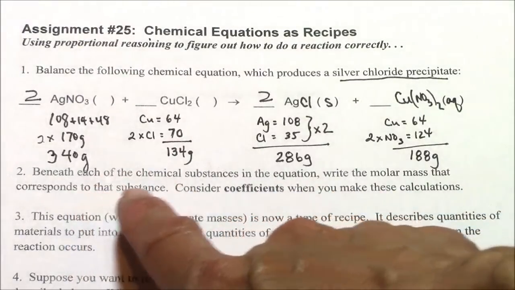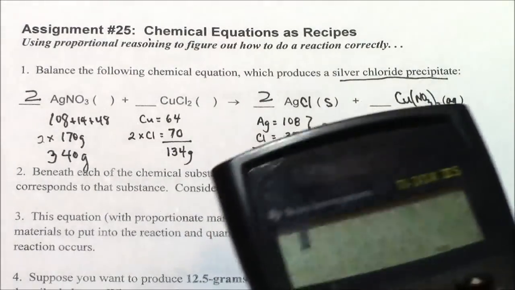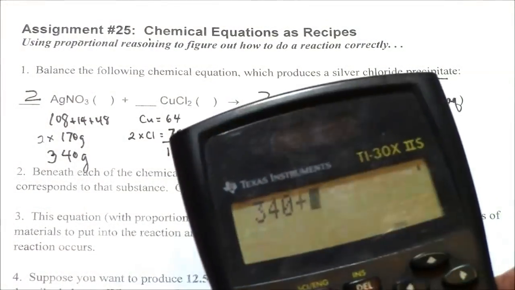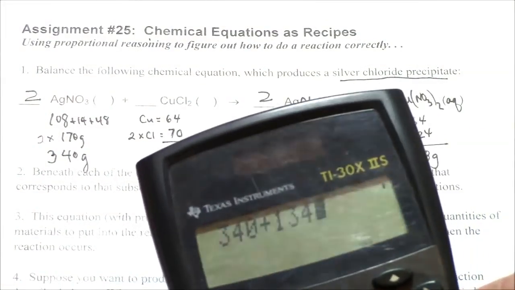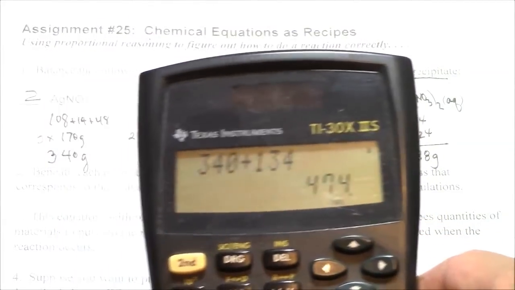You should see that the total on the left, 340 plus 134, that's a total of 474 on the left.